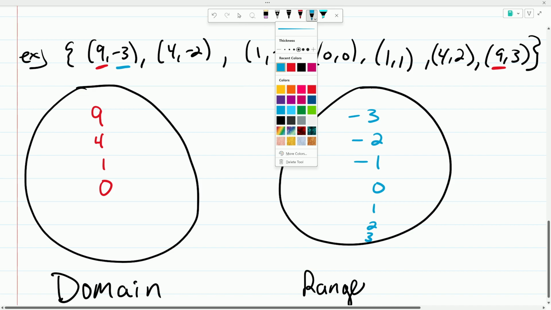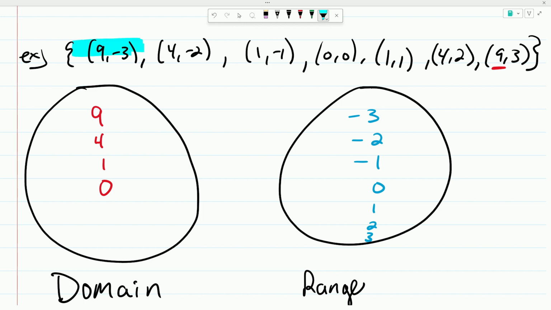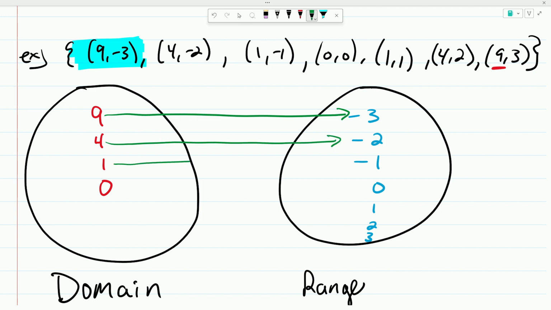And let's see. I will use a different color pencil this time. I'll use green. I like green. And reading from left to right, starting all the way up here, upper left-hand corner of your screen, I'm just going to go ahead and draw my arrows. 9 goes to -3. 4 goes to -2. 1 goes to -1. 0 goes to 0.